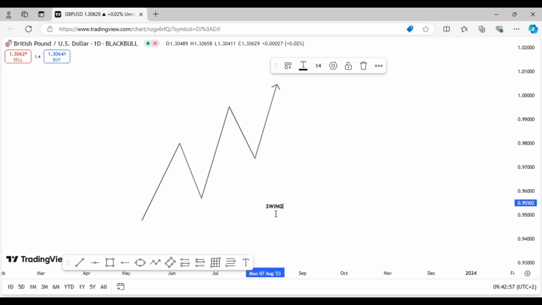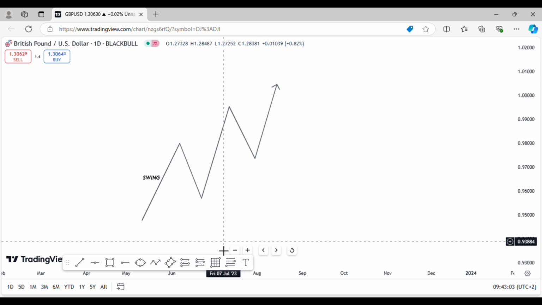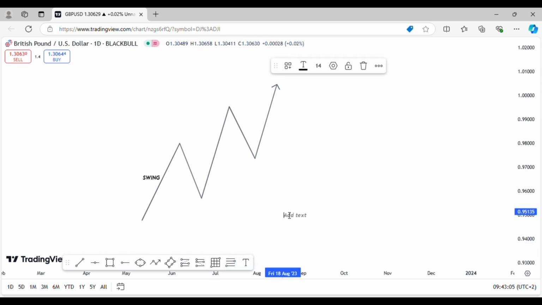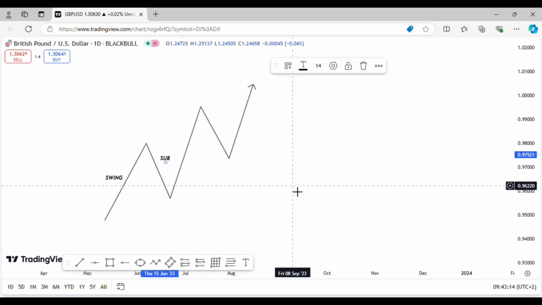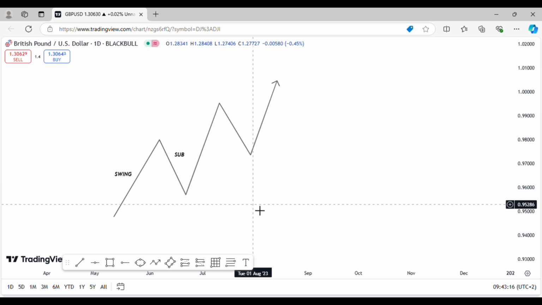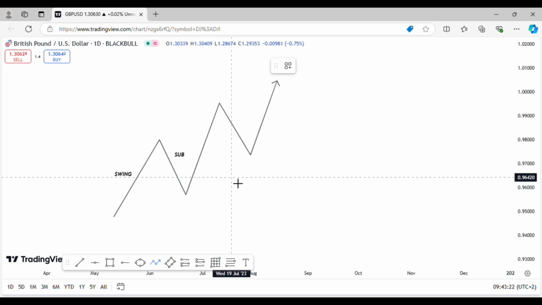We have what we call a swing, which is what we know as an impulse. Then we have what we call a substructure, which is what we know as a correction. It's very important for us to know the trend and trade along with the trend.